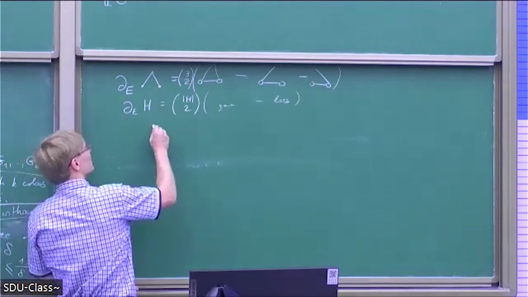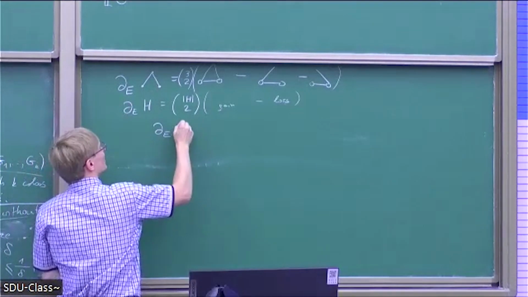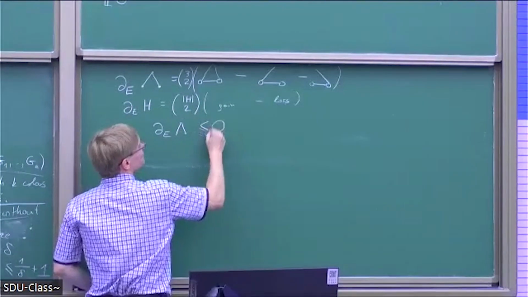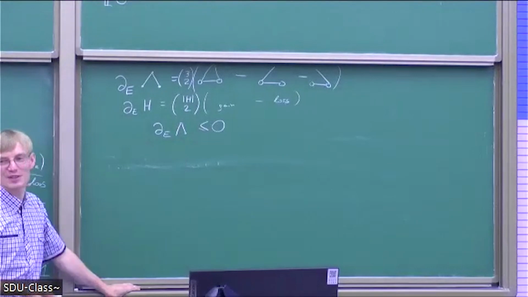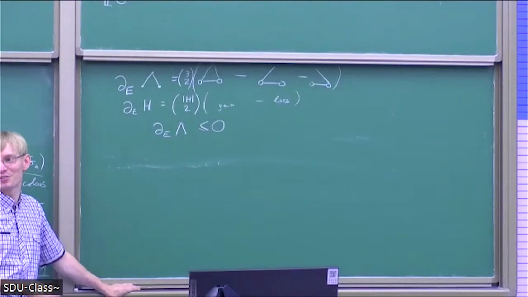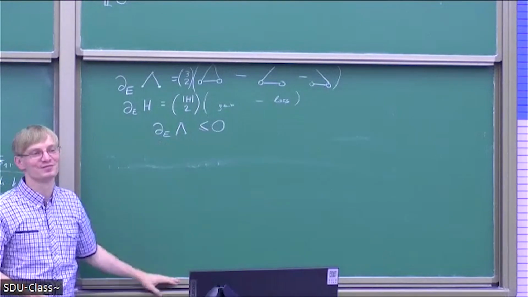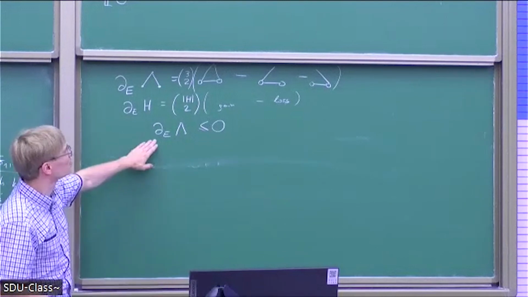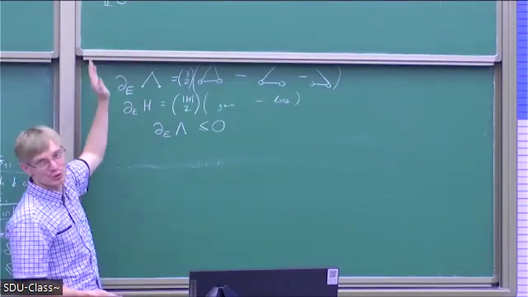So this needs to be negative. If I'm maximizing cherries, then I cannot have a positive gain. And this is another inequality that you can use in your proofs.